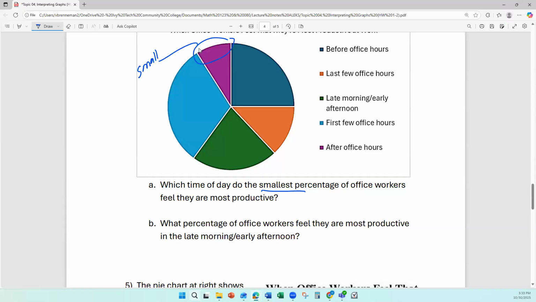Smallest slice there. And I think it's far enough off from the orange that it's pretty clear that one's smaller. But you could have a pie chart where they might be close enough that it'd be harder to tell. And then I have to find the purple over here in what's called the legend, which is over here after office hours.